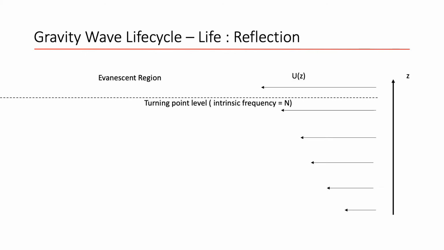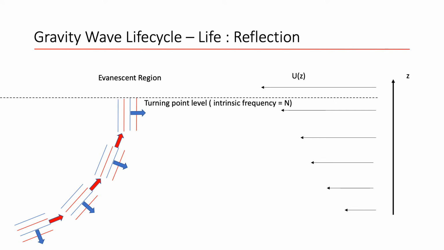So just to give you a more intuitive visual idea of how reflection works, imagine you have a gravity wave which is propagating in the direction of the red arrow, upward and to the right, and it's propagating into this opposing mean wind which is increasing with altitude. As it propagates, it will be refracted to larger vertical scales and larger vertical trajectories, and eventually it will hit a point where the intrinsic frequency of the wave is equal to the local buoyancy frequency of the atmosphere, and here it cannot propagate upward anymore.